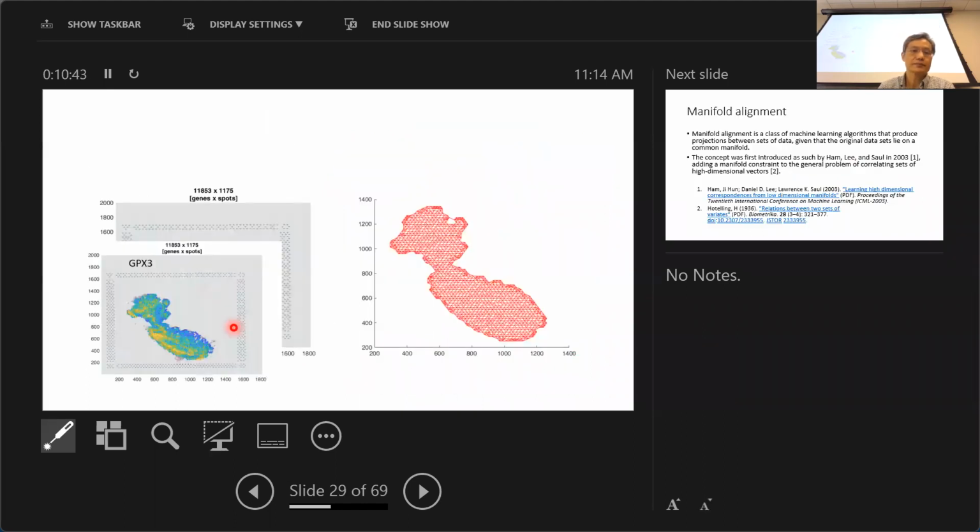This just indicates that we can build the KNN network for the spots of the spatial data. It's not very important.